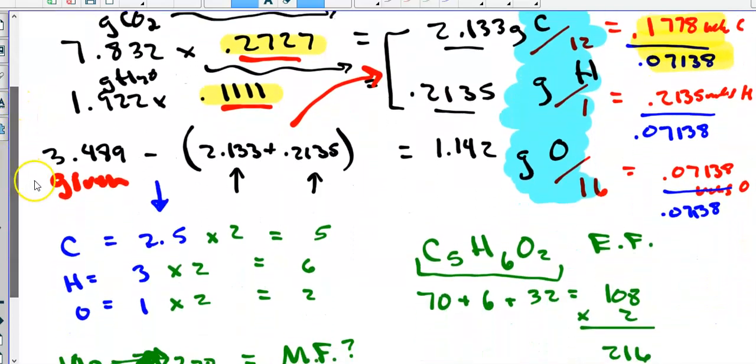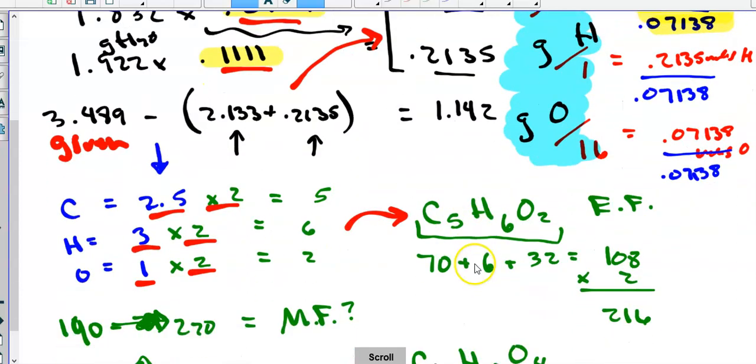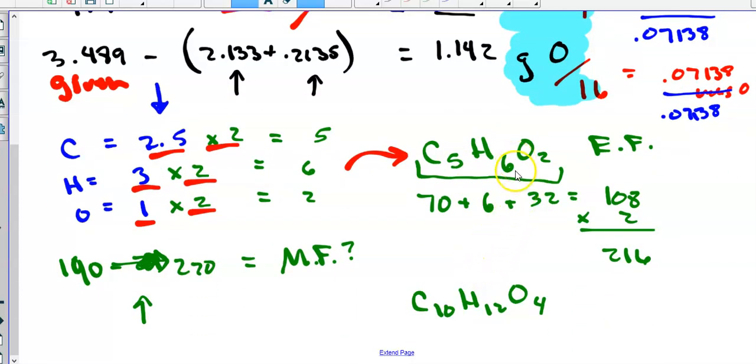The ratio was 2.5, 3, and 1. These numbers must be whole numbers, so I had to multiply all of them by 2. That gave me the empirical formula, which is the lowest ratio. It might not be the molecular formula. This math only gives me the lowest ratio.